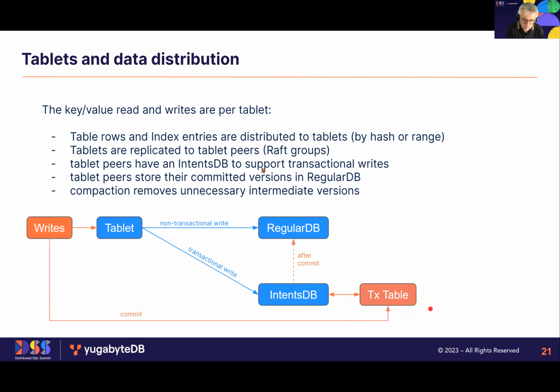After the commit, this transaction table is updated and the intents go to the regular DB. And when you read, you read from all of them. This looks like reading a lot, but the same happens in all databases. If you read from Oracle, you may have to read also from the rollback segment. If you read from Postgres, you may have to read the past versions as well. But each one is optimized because you read for a specific key in each of them.